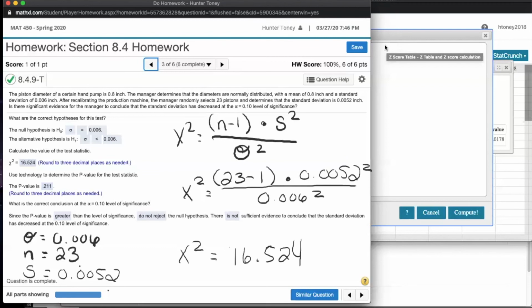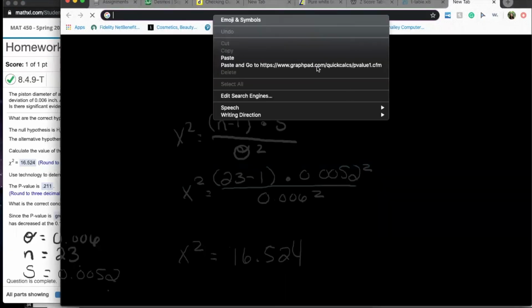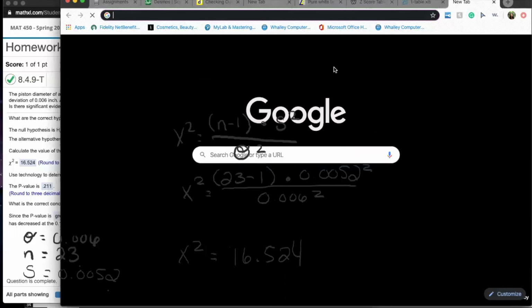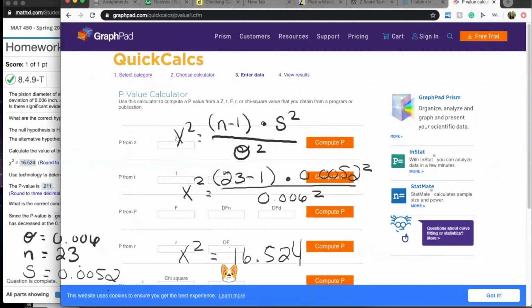If you calculate your critical value this way, remember you can use the GraphPad calculator I just showed you previously. Let's see if it's still open on my computer. We're going to pretend I didn't write all over my screen.